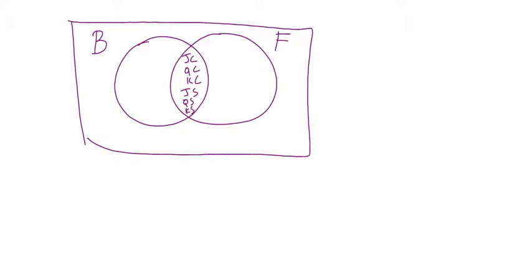So the black face cards belong in the set of black cards and in the set of face cards. Here's our other face cards. We've got the jack of hearts, the queen of hearts, the king of hearts, the jack of diamonds, the queen of diamonds, and the king of diamonds. And what are our black cards then?